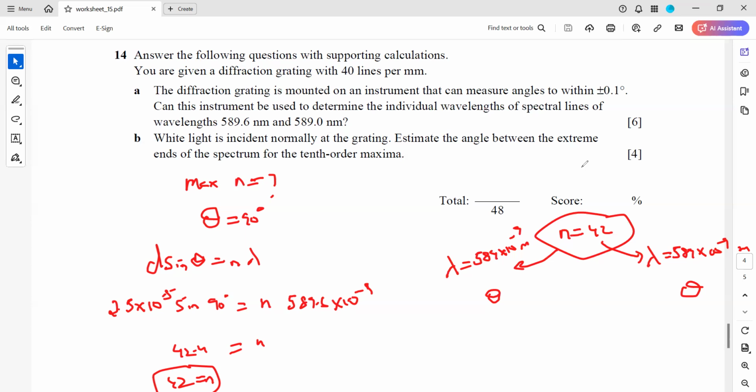The d is the same. Because like what I said, at the individual level we cannot distinguish. I cannot distinguish n equal to 1 for both of them as the angle is the same.